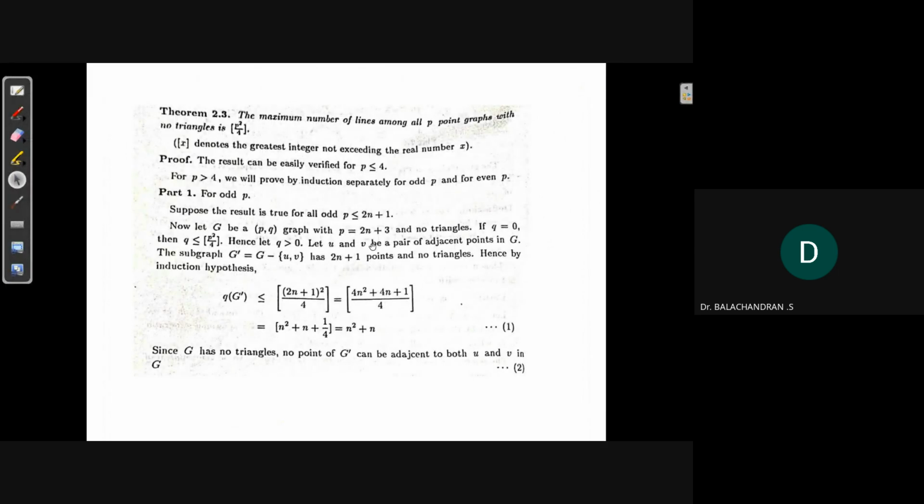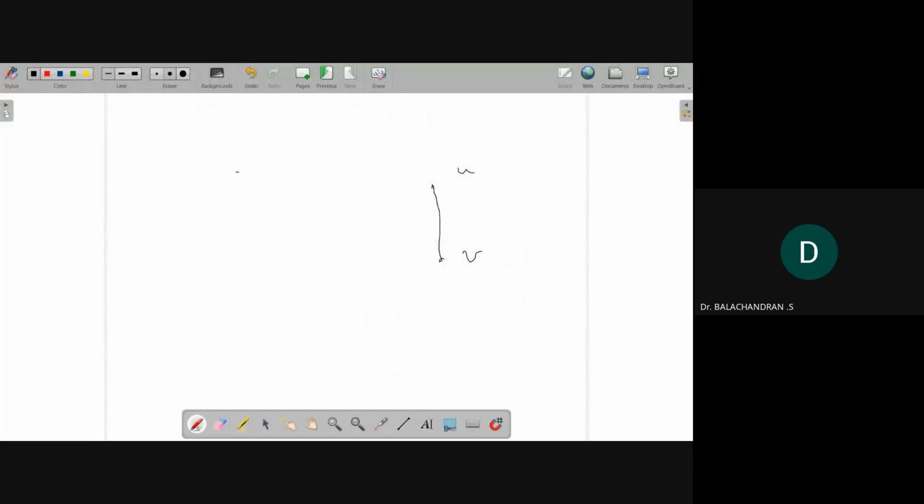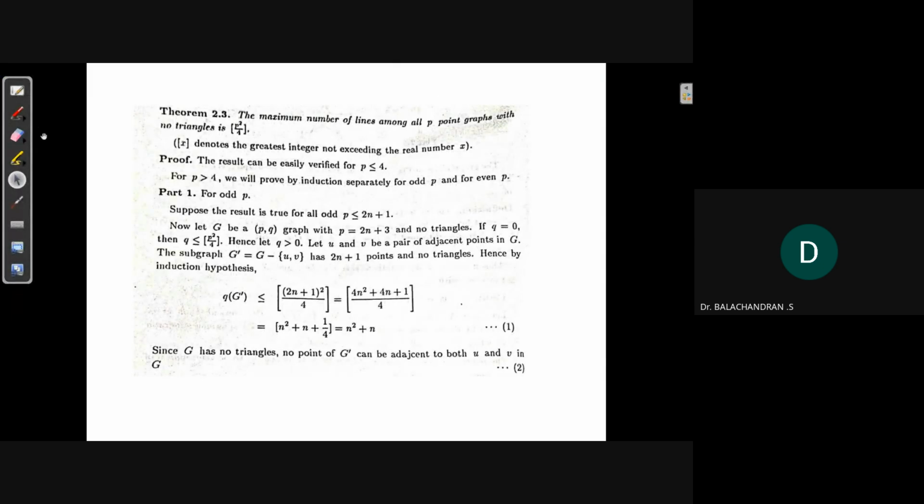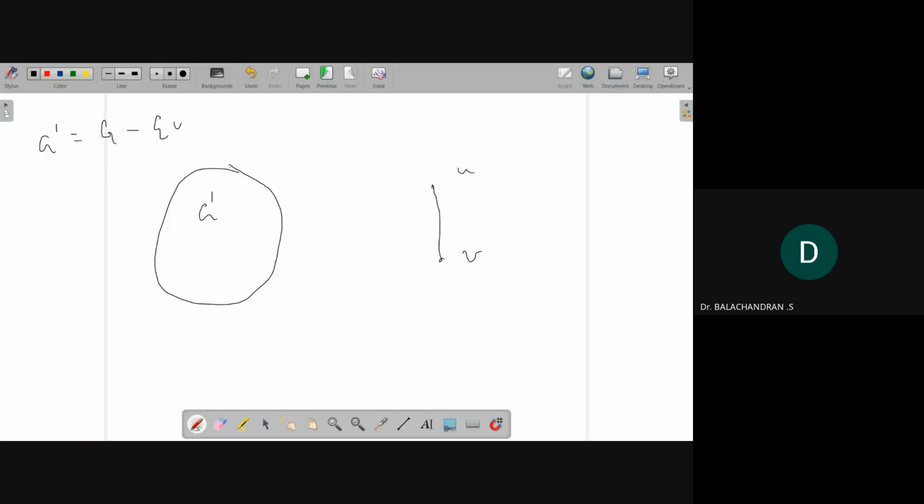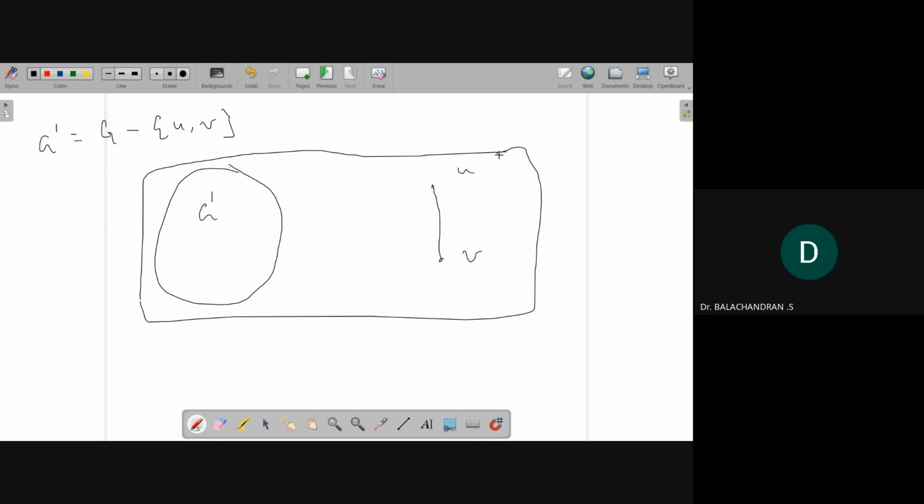Now the subgraph G dash. G dash is G minus the vertices U comma V. I am removing the vertices U comma V from G. Including this graph, everything is G, but this part is only G dash.